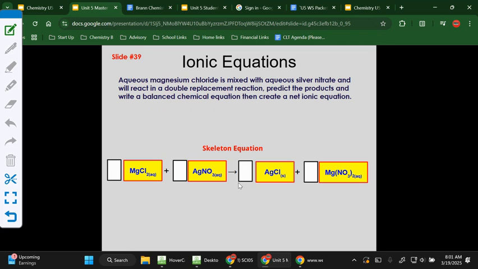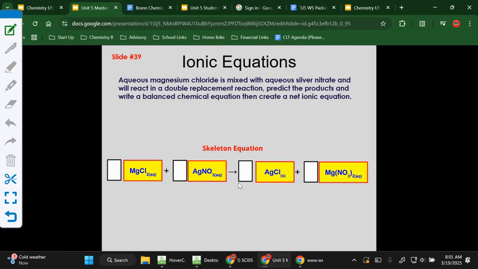Now I come up to this sheet. To know if this reaction actually happens, I need to find one of 3 things. I need to find water. Is water a product here? No, neither of these is H2O. Is either of these a gas?